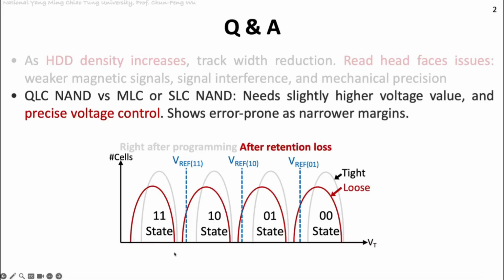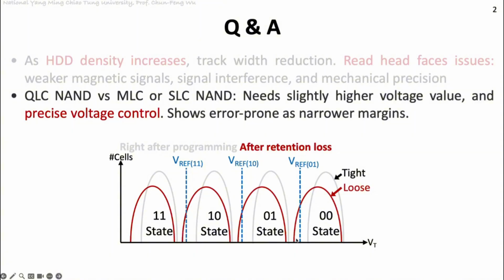Loose means that because there are some errors, it looks like this. And then for 1, 0, 0, 1, and 0, 0, you can see in the picture that some portion of the distribution will cross the reference voltage.